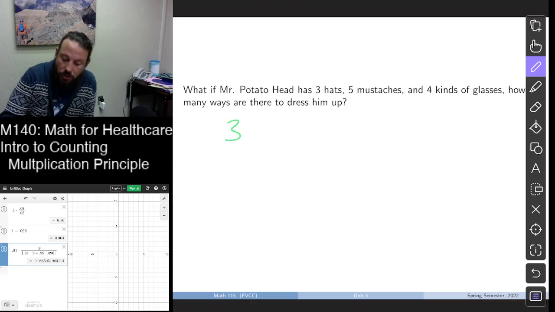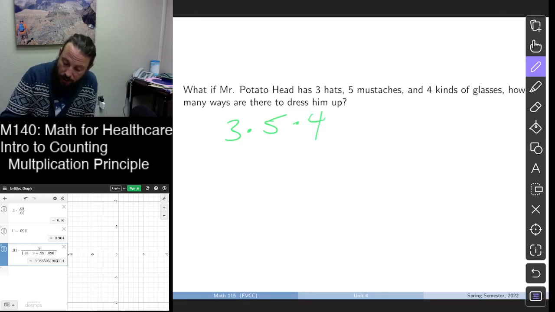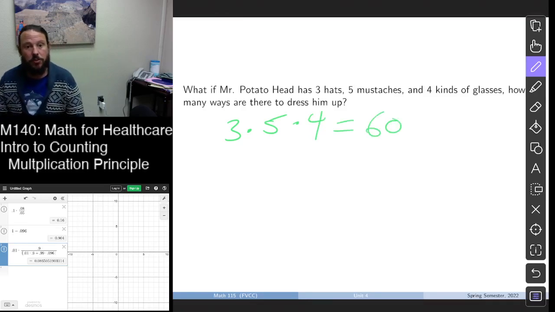There's 3 ways to choose the hats, times 5 ways to choose the mustaches. For each of those 3 hats, there's 5 different ways to choose the mustaches. Now, for each of these 15 ways to choose the hat and mustache, there's another 4 ways to choose the glasses, and that gives us 60 possible ways.